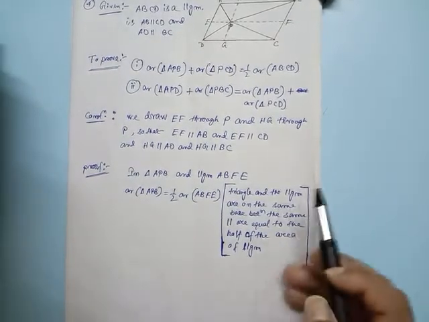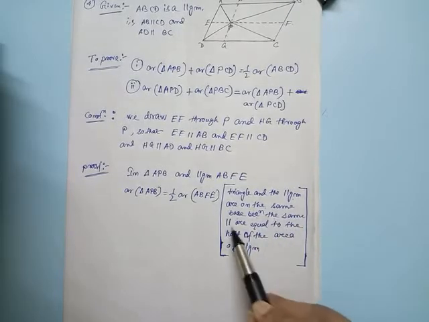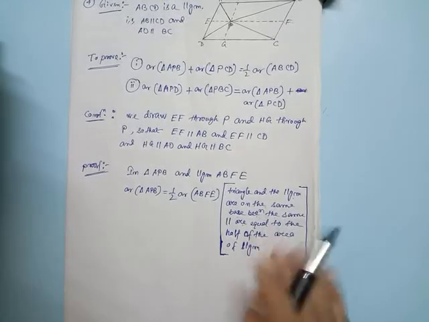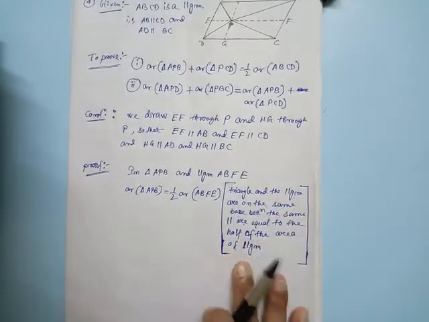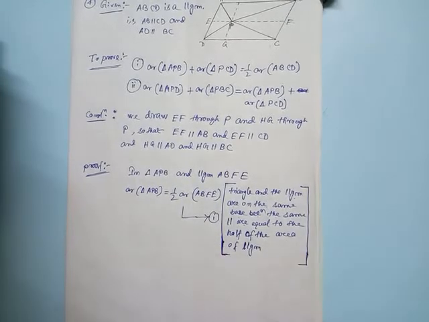Student, this is the reason: triangle and the parallelogram on the same base between the same parallels are equal to half of the area of the parallelogram. This is our theorem number 2, and I will take this one as equation number 1.